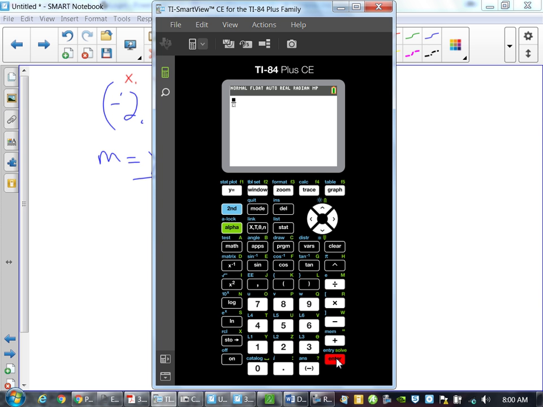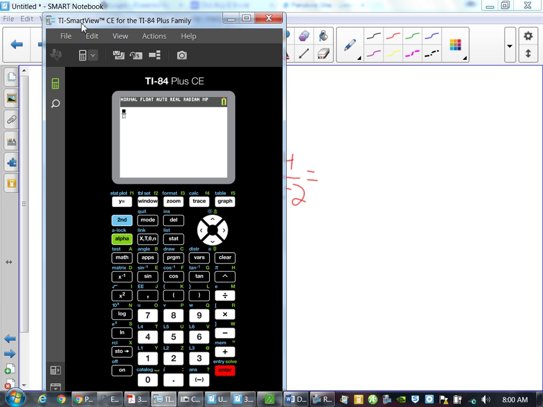You quite literally put this in the fraction bar, and it does everything for you. If I type this exactly the way that it's written, 1 minus 4 over -5 minus -2, and hit enter, it does the work. I don't need to do anything.